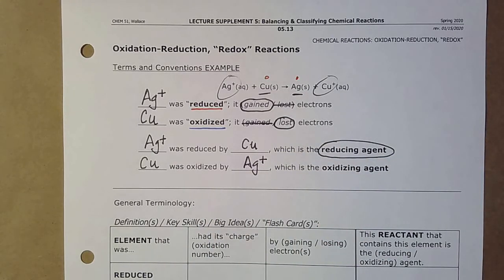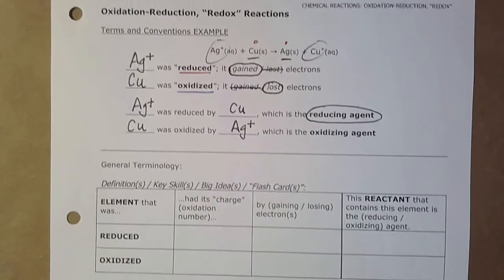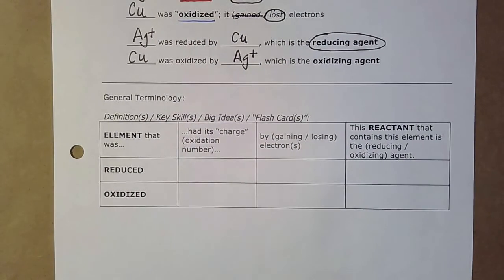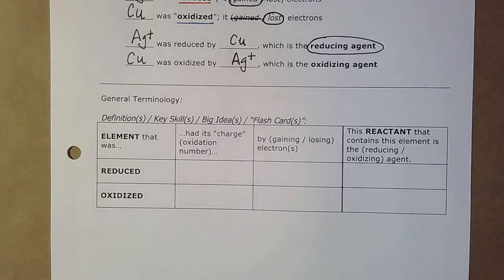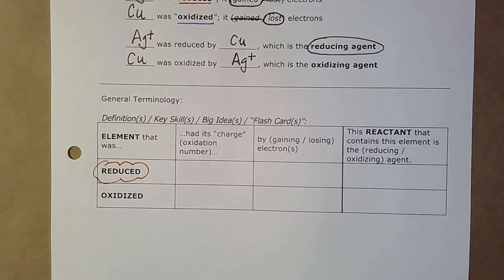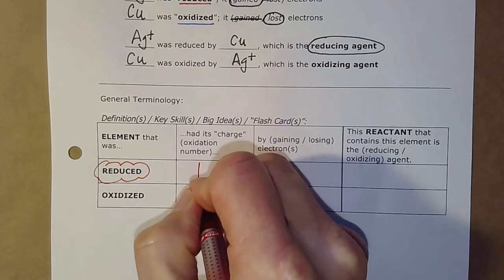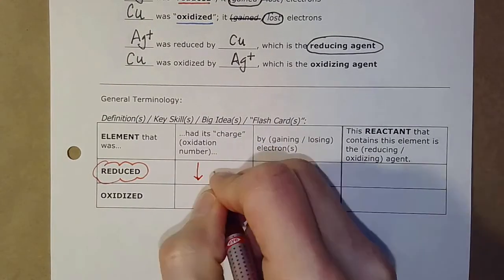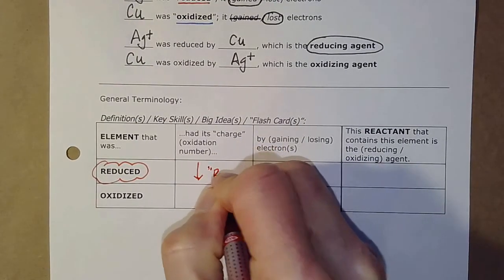Now, I've summarized this in a table. Here's the key thing, I think. This idea of reduced means that its oxidation number, its charge, was decreased, or reduced.